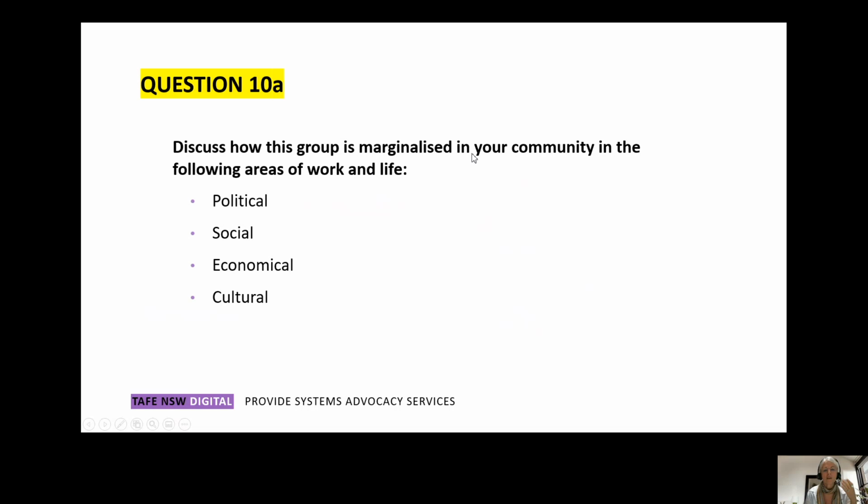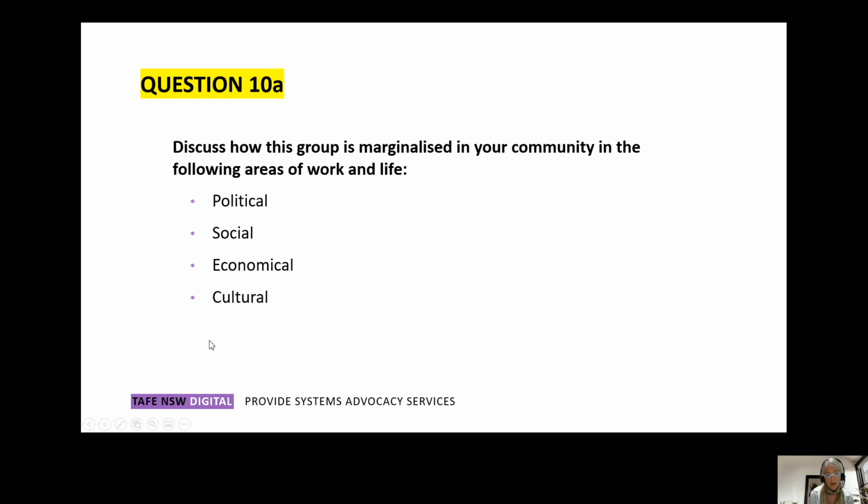Discuss how this group is marginalised in your community in the following areas of work and life. So make sure you start your answer with, I have chosen to research people with mental health issues. Or, I have researched people with a disability, with a physical disability. So identify the group so the teacher knows who you're talking about.